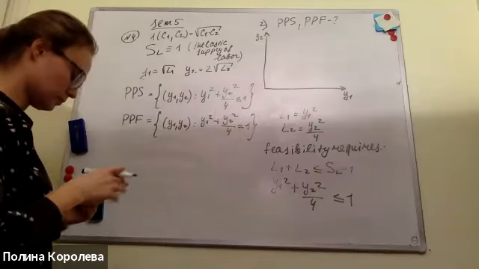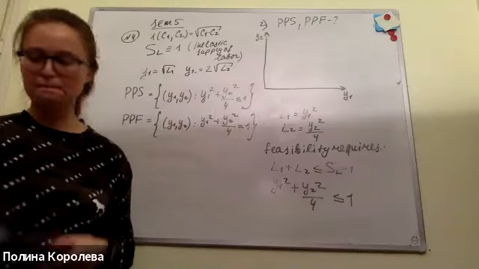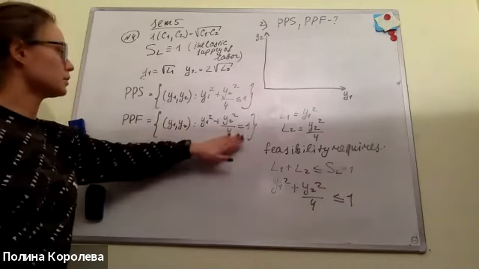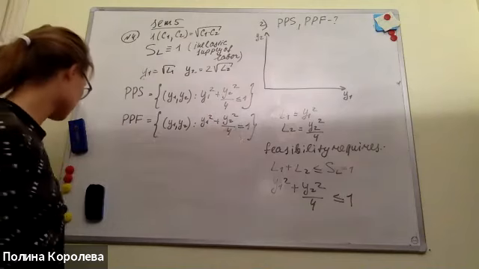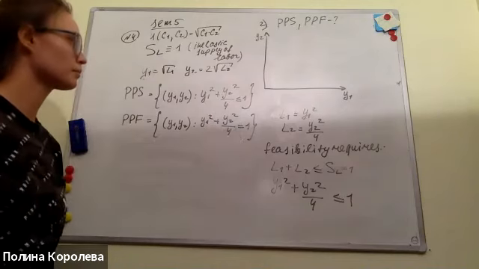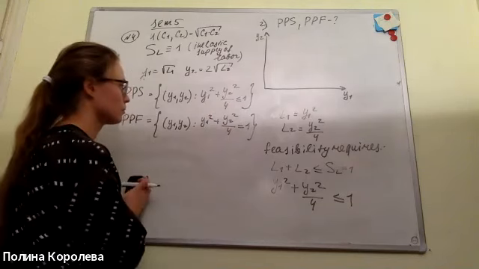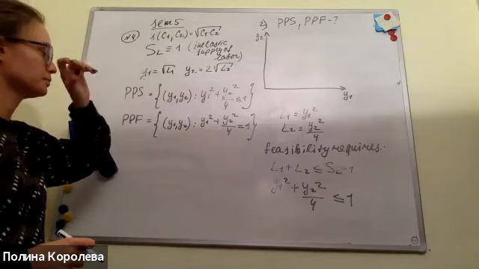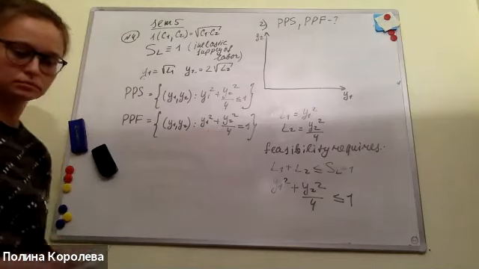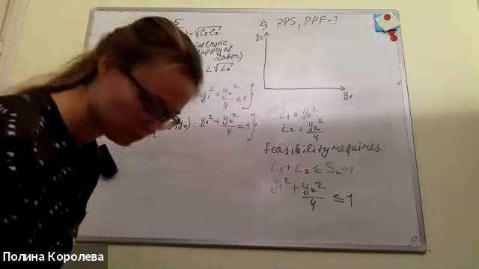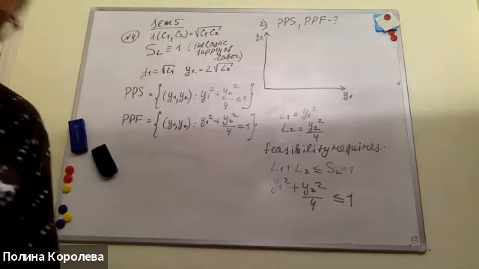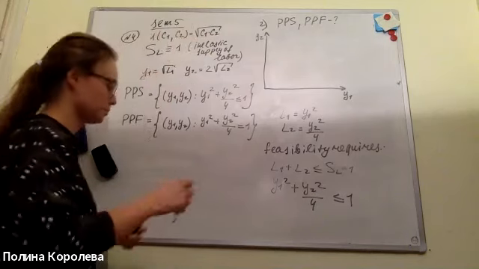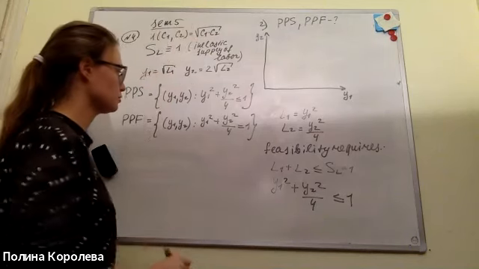And let's draw it. What is the graph of this function? You don't know the graph for such a function. Okay, let's see. Let's put the maximal points of production.